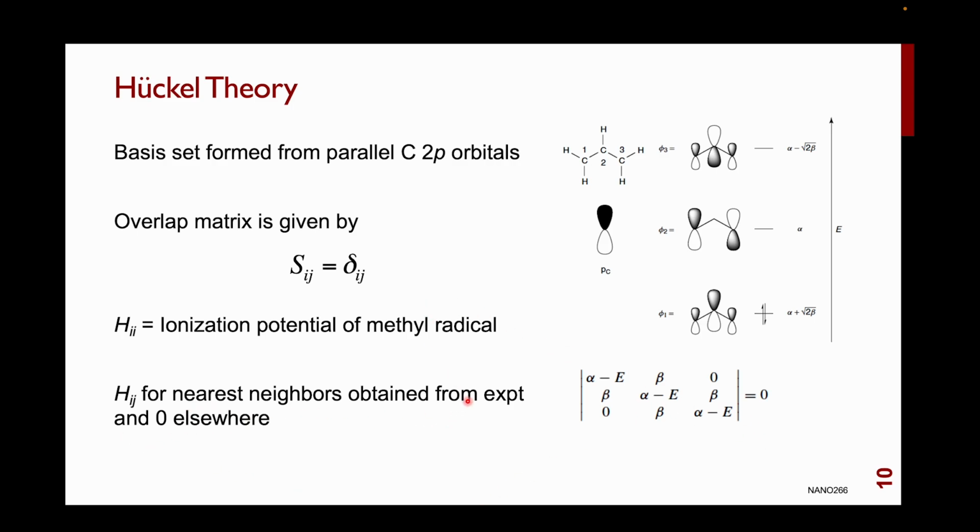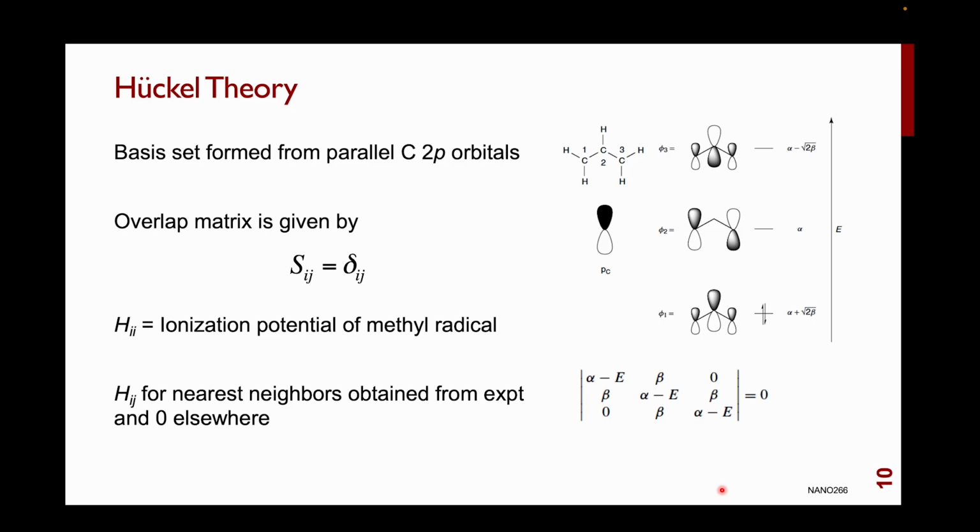And you assume that the resonance integral is actually 0 for neighbors that are further away. Essentially, what you get is this very simple expression over here, and you can then solve this equation to get some approximation of your molecular orbitals for this molecule.